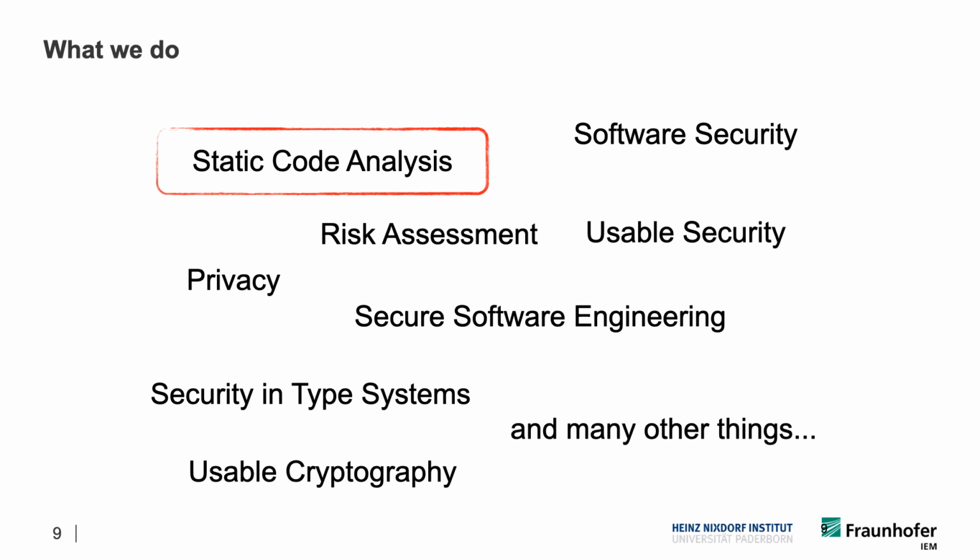We are also working on topics such as usable cryptography, security and type systems, but occasionally we will even be engaged in projects that have nothing to do with security at all, where it's more about assuring other helpful properties in software engineering processes.